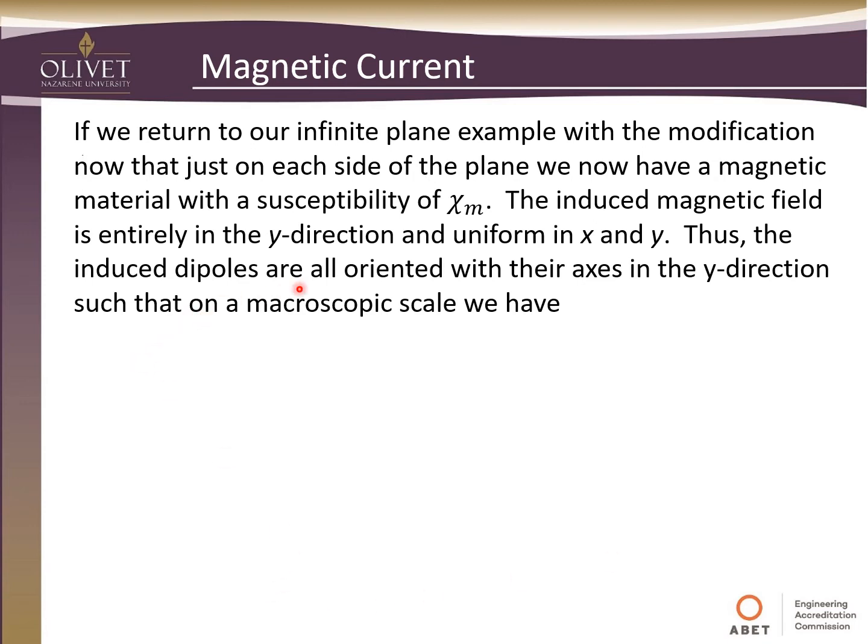Thus the induced dipoles are all oriented with their axes in the y direction, such that on a macroscopic scale we now have this definition. This is for our special case definition of our magnetic field. So it's all in the y direction, just as we said.